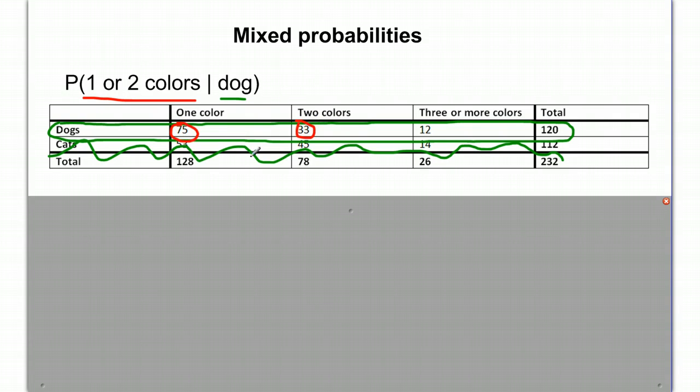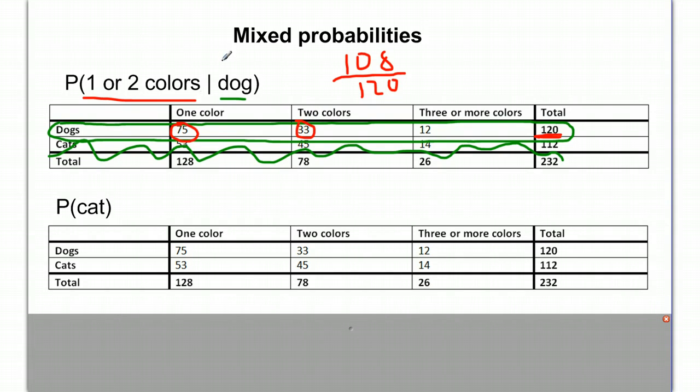So we have to include both of those options. And it's going to be out of what's left in our table. We only have 120 left in our table. So this condition is what makes it only a one-row table. And this one or two means I have to circle two different things and add them together. So if I add those numbers together, I'm going to get 108. And that 108 is going to be out of 120, because that's our total number of dogs. So that's a complicated one.